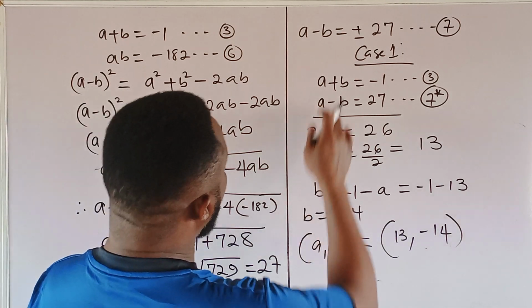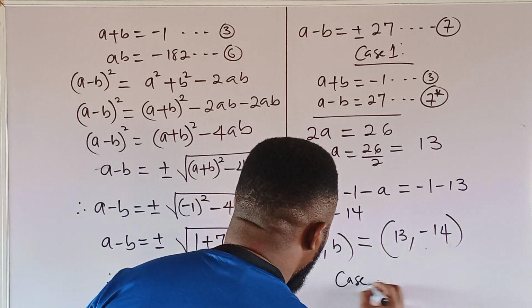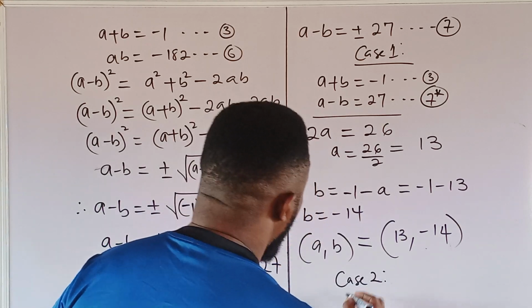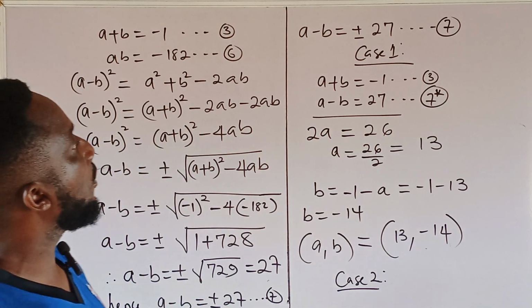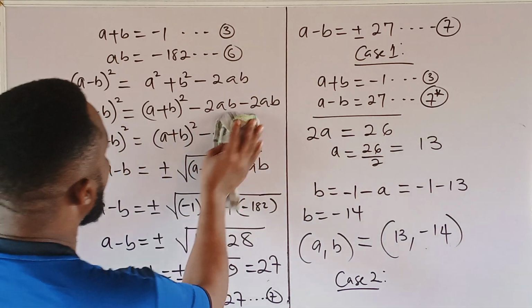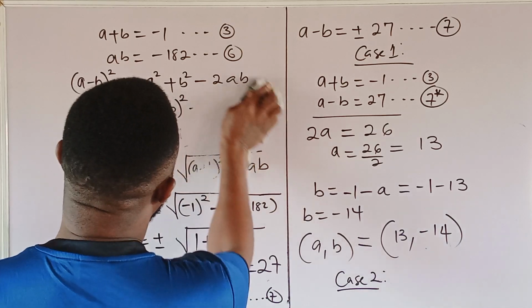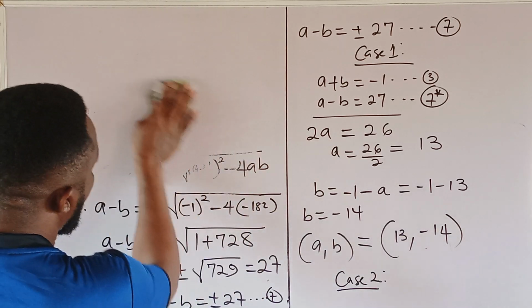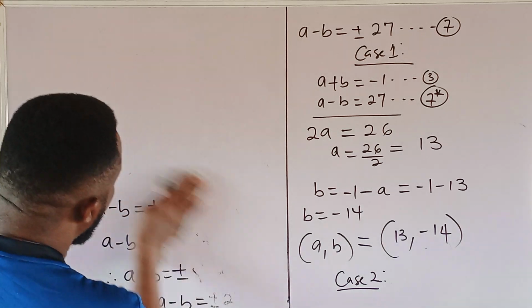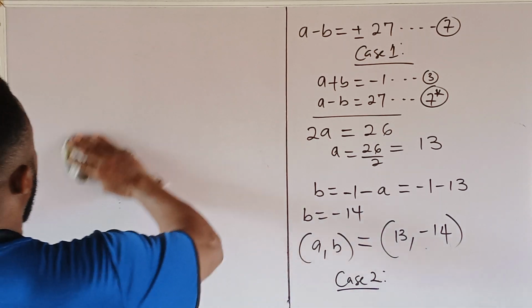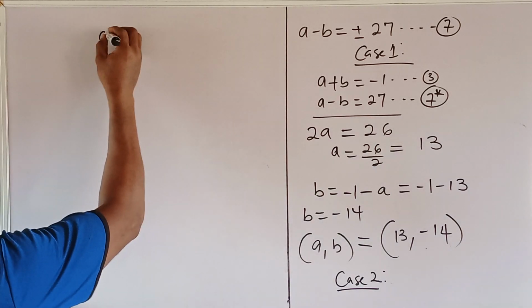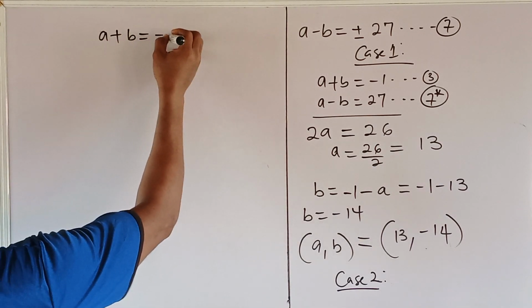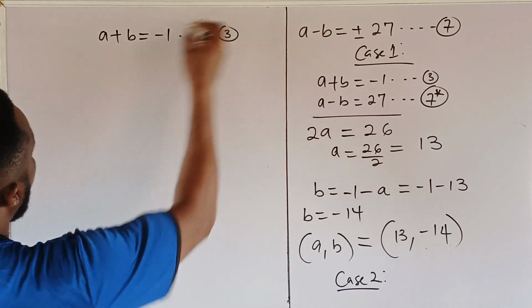Then I will go for case 2. In case 2, we are going to consider the negative value of a minus b. This is the very last case. Then a plus b remains negative 1, equation 3.